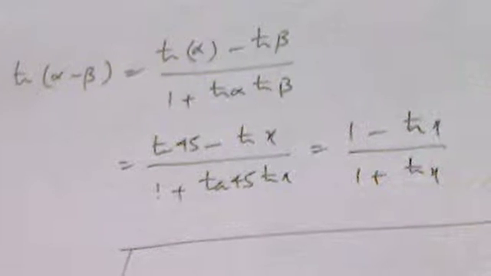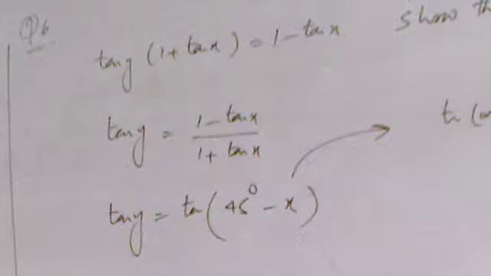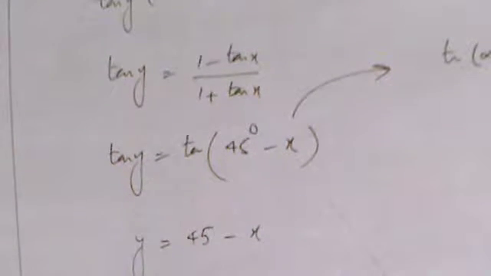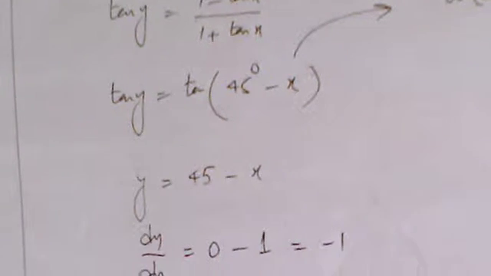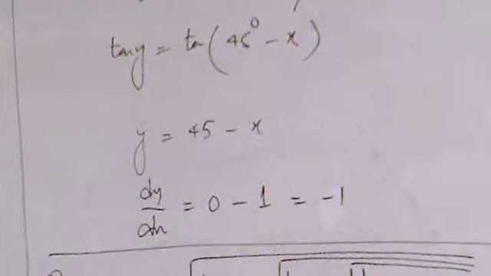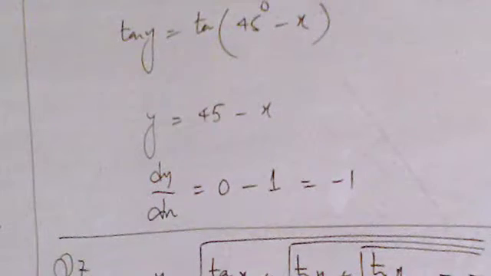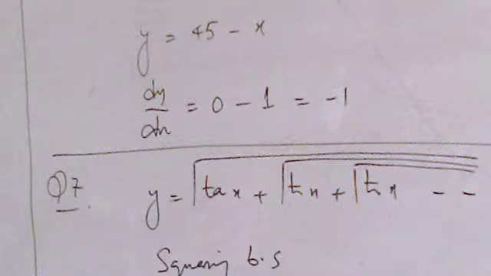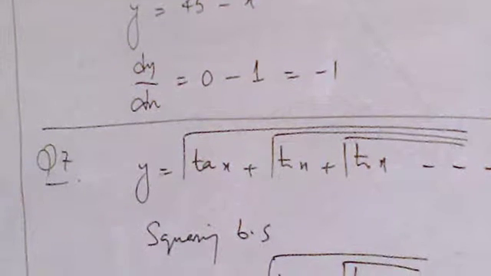So this is equal to 1 minus tan x over 1 plus tan x. Therefore 1 minus tan x over 1 plus tan x is equal to tan of 45 minus x. We remove tan from both sides. So y is equal to 45 minus x. Differentiate. The derivative of 45 is 0, since the derivative of a constant is 0, and the derivative of x is 1.